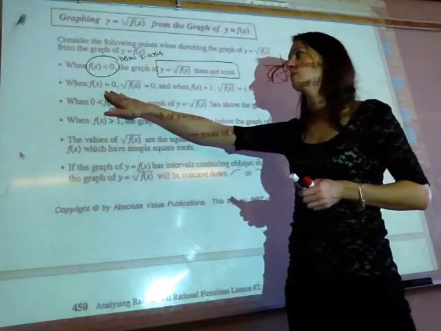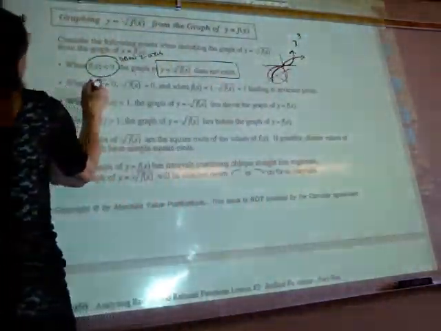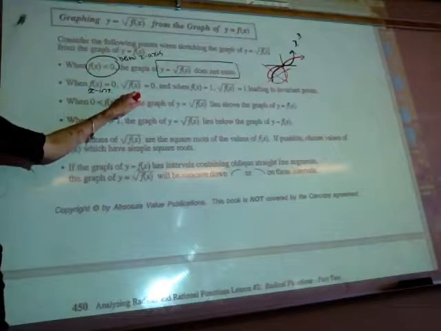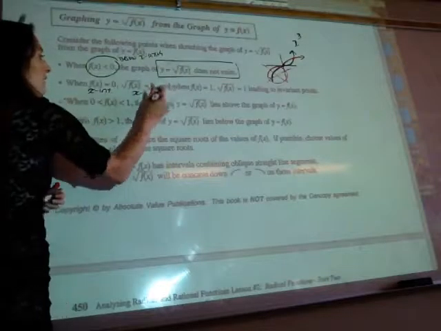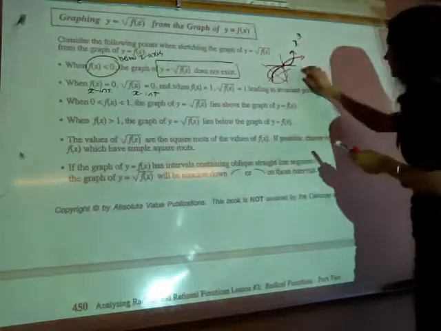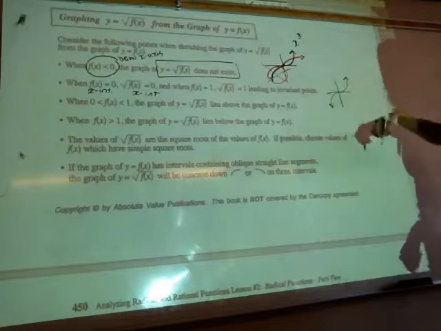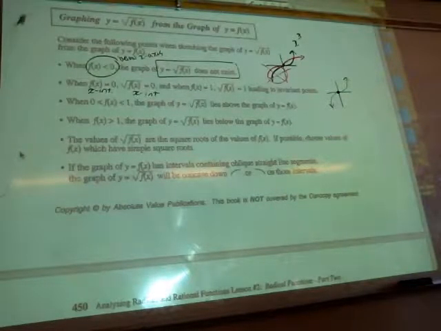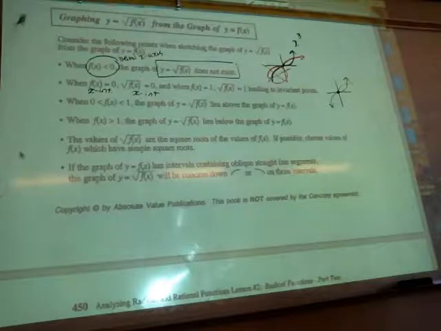When f of x equals 0, that's basically saying when you have an x-intercept, the square root of that function also has the same x-intercept, which means they're invariant points. So let's take a look at the graph of the polynomial x cubed again. When we had an x-intercept 0, 0, did that x-intercept stay in the same place? Yes, it remained at 0, 0.